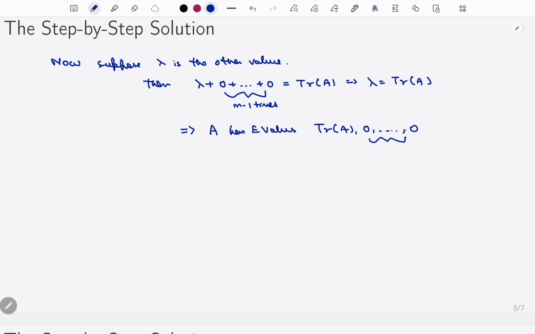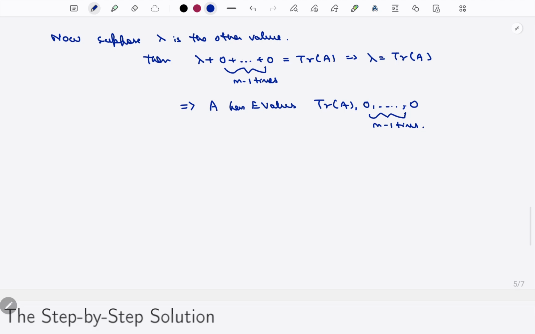Trace of A can also be 0, we are not concerned about that, but at least it's trace of A. That's exactly what I want.